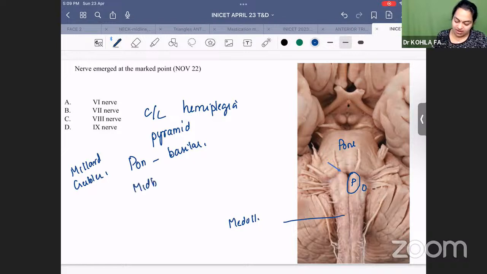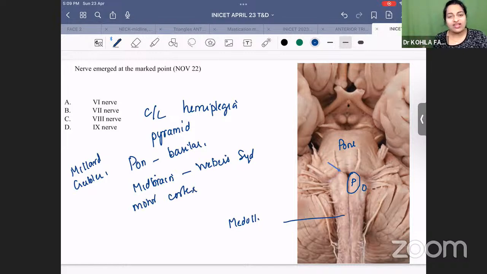And in the midbrain, as we saw in the crus cerebri, Weber syndrome, involving the crus cerebri and the third nerve, will also lead to contralateral hemiplegia. And the other cause: where do the corticospinal fibers come from? They come from the motor cortex, right? So any injury to the motor cortex, ischemic injury, or internal capsule, where the posterior limb has the corticospinal fibers.